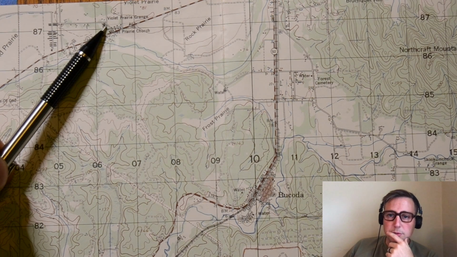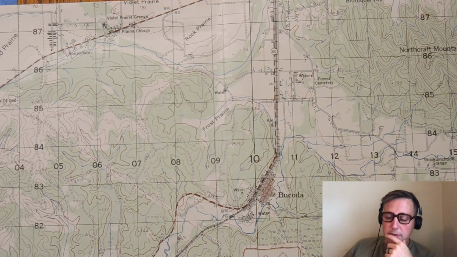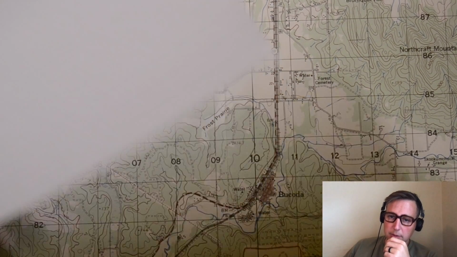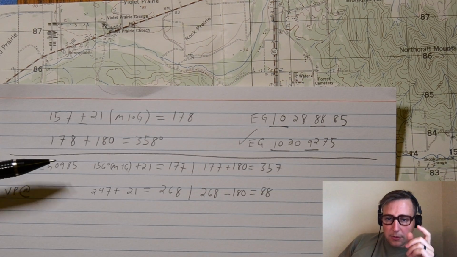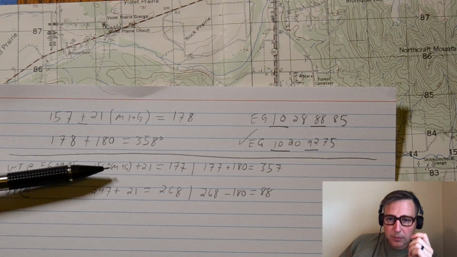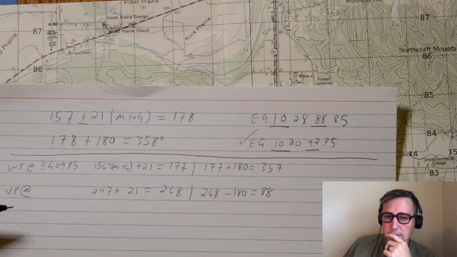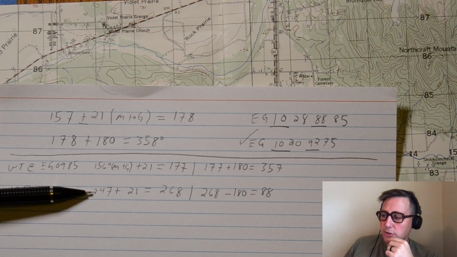So you make 2 marks, one where the water tower is, one where the church is, and then from there, now you're going to do your intersection math, which is very similar to resection. So you know your magnetic azimuth is 156 to the water tower and 247 to the church.